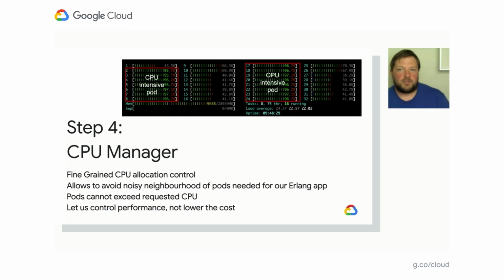The VPA recommendations that Jerzy just described are incredibly useful, and another GKE feature that enabled us to optimize performance was CPU Manager, which Ivan is going to tell us a little bit more about. Sure, just like the noisy neighbor effect on virtual machines, a similar effect exists for pods.